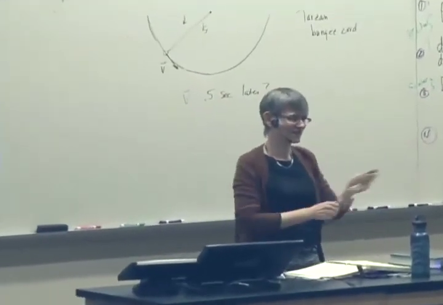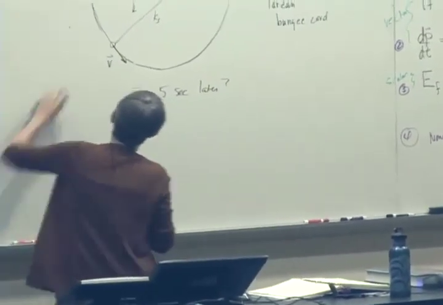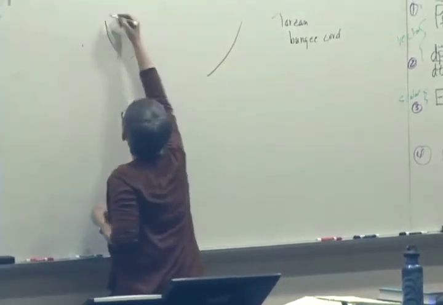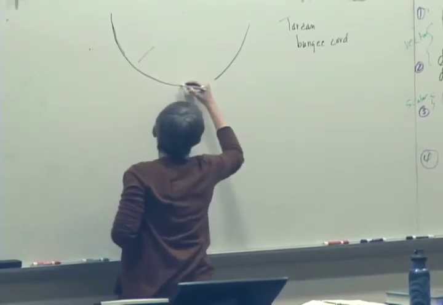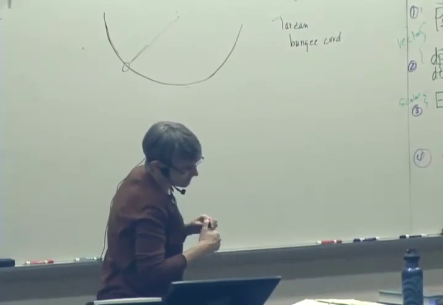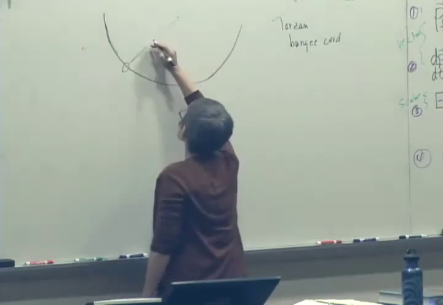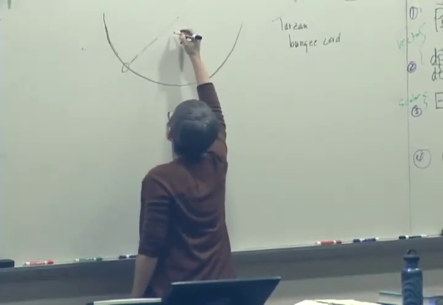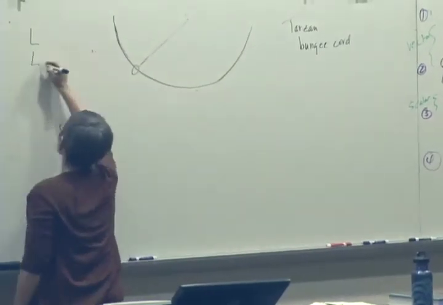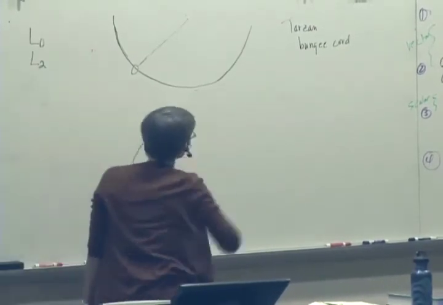Okay, all right. It's all Tarzan. Let's see one more. So here's Tarzan, and the vine started out having some length, but now it's stretched a little bit, so it's got some new length L2 at this instant.